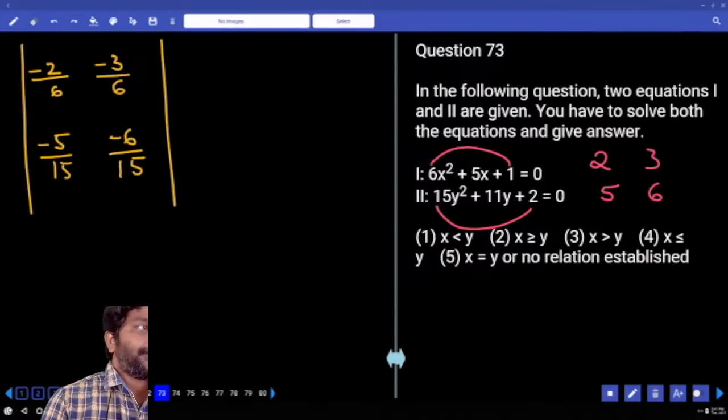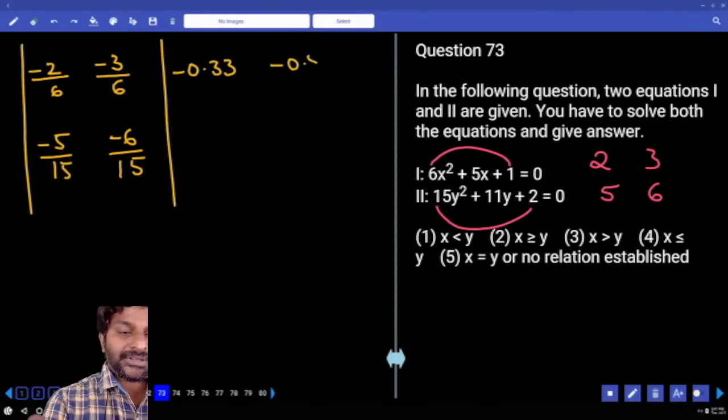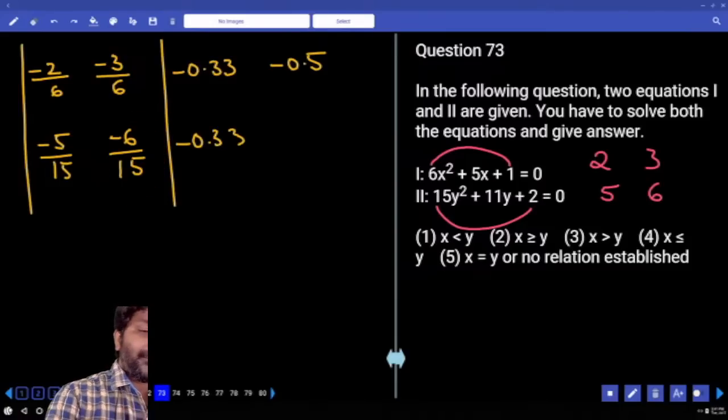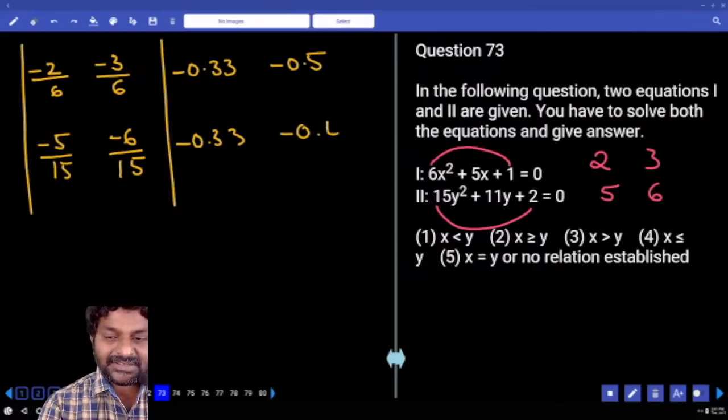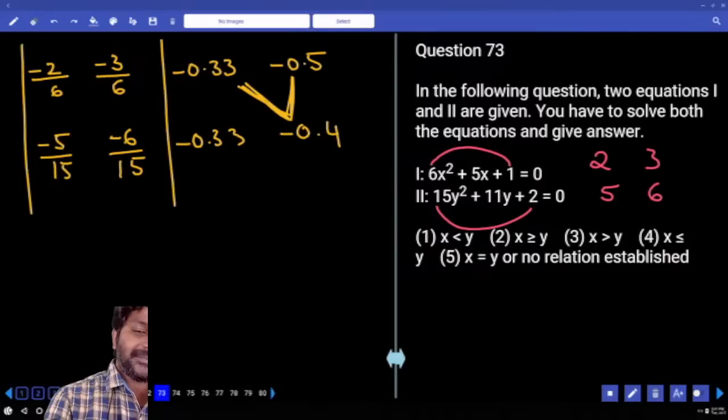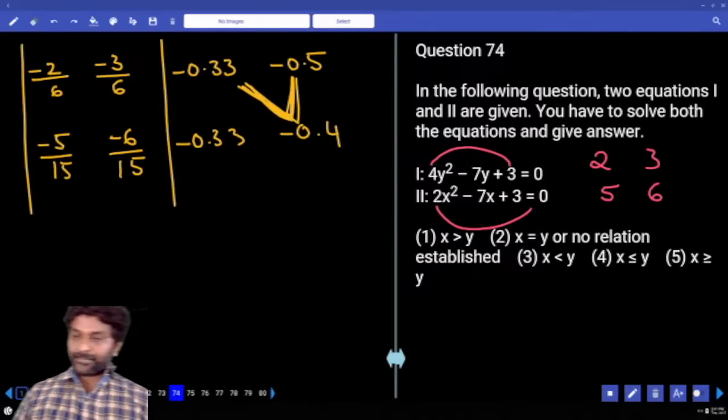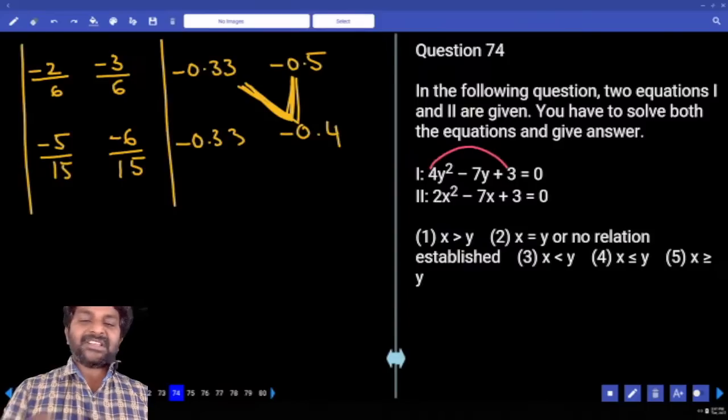Let's convert. Minus 1/3, that is 0.33, minus 1/2, 0. Minus 2/5, right. This lies in between these two numbers, in between. This itself is the combination.